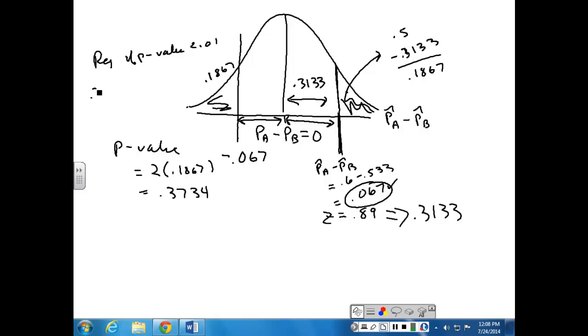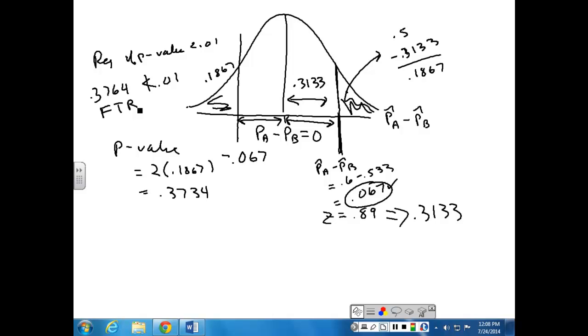Well, 0.3764 is not less than 0.01, so we'd fail to reject H0, make the same conclusion we had on the other page, that there might not be a difference between population proportions, there might not be a difference between low and high income voters in terms of whether or not they support this sales tax decrease.